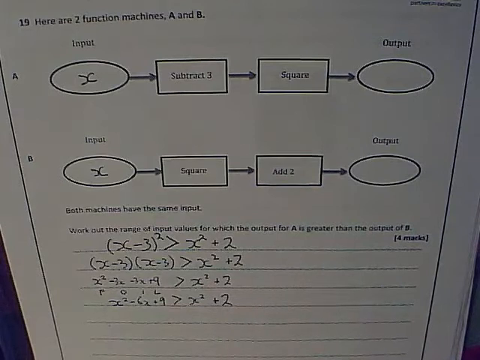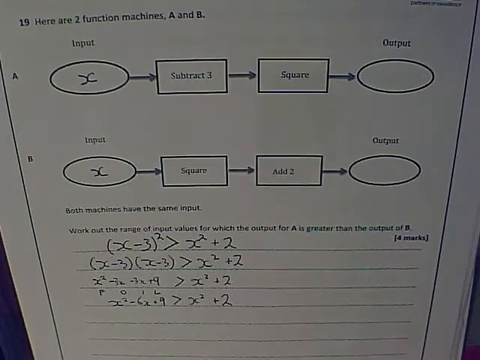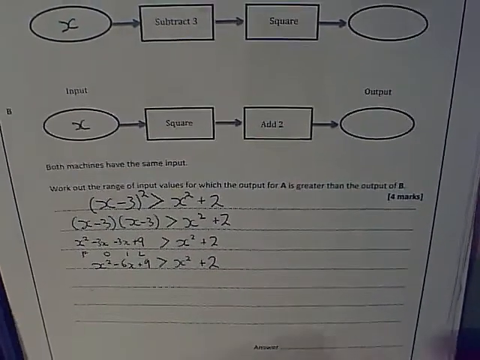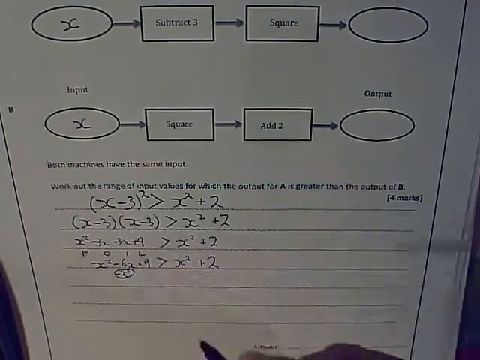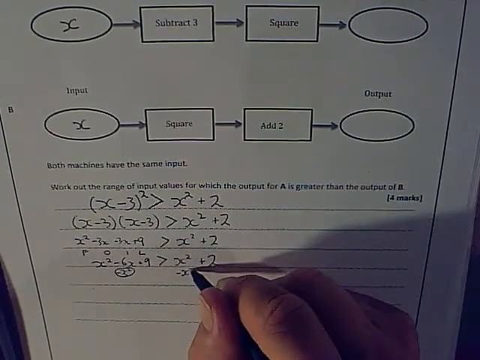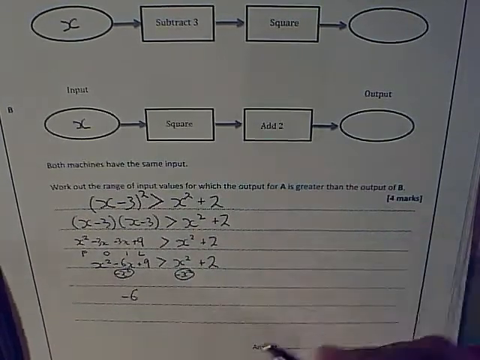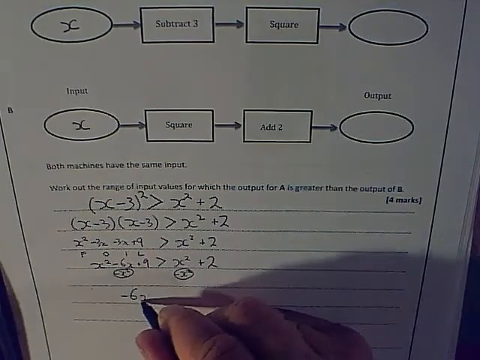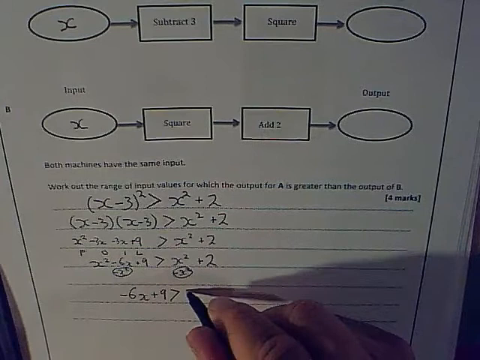So what can I do now? The good thing is that I've got an x squared on both sides, so I can get rid of my x squared altogether, which is really nice. I take away x squared from both sides. So minus 6x plus 9 is greater than 2.